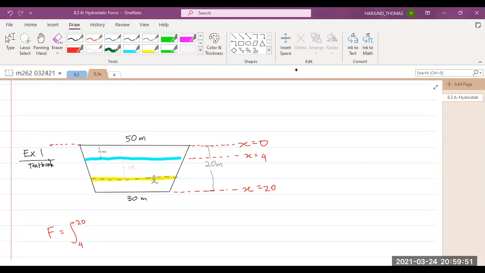Here I start from 4 because my level of reference is the top of the container instead of the top of the water. Now, going on, what is the force? What is the pressure? The pressure will be rho g.